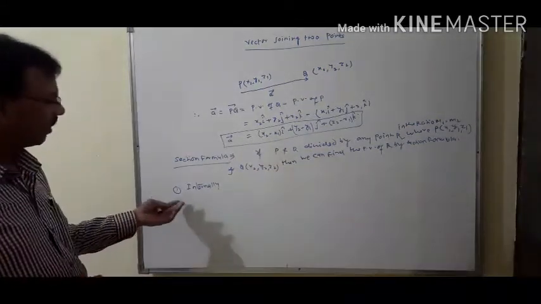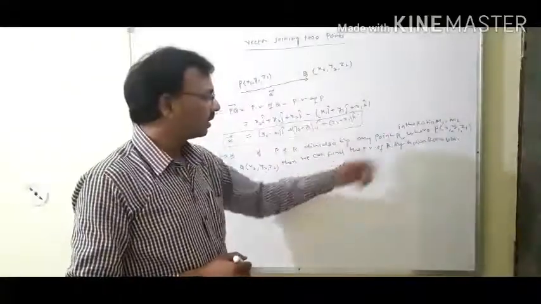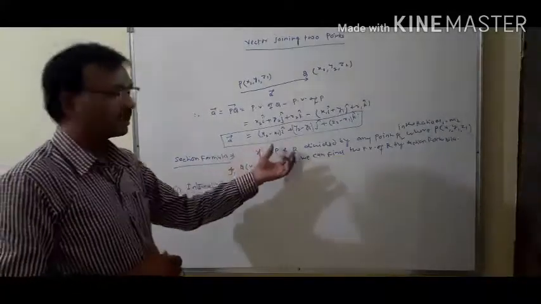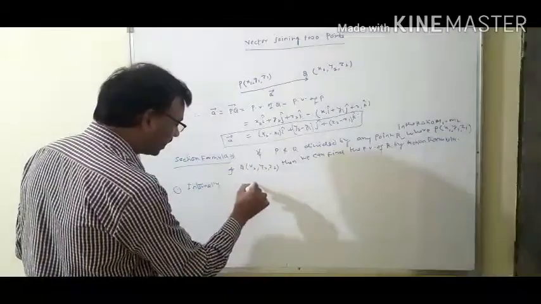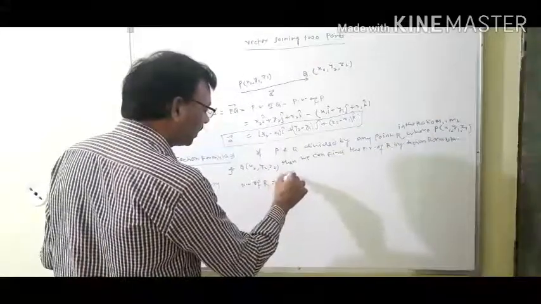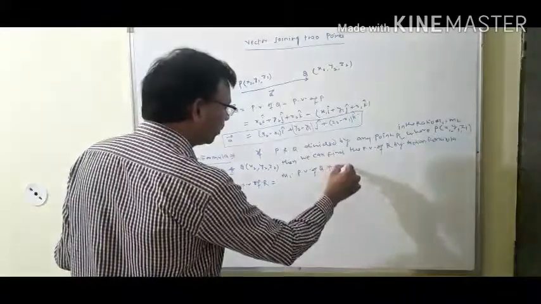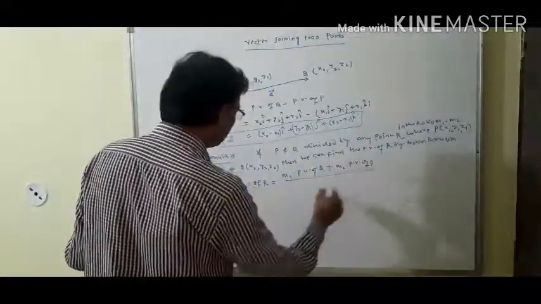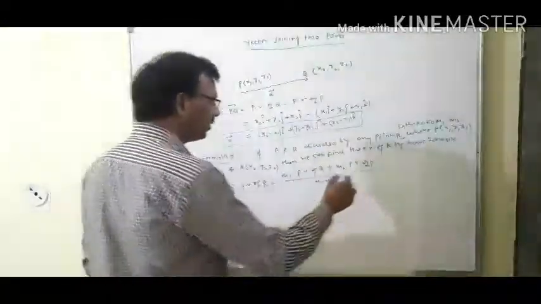First we write the section formula for finding the position vector of the third point R. If this point divides P and Q internally, then the position vector of R is equal to m1 into position vector of Q plus m2 into position vector of P, whole upon m1 plus m2.